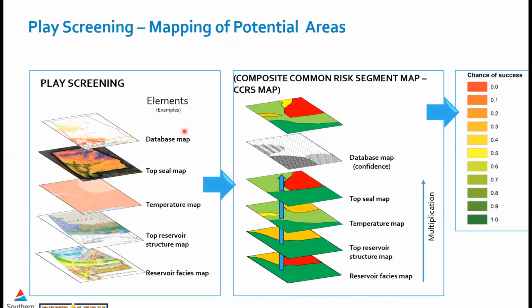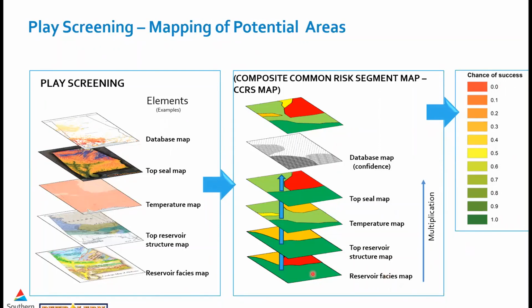Then we do what we call a common risk segment map for each of these elements. That means that the reservoir facies maps get some colors on, and the colors relate to a chance of success table that we have over here, with red being 0 chance of success, and the green one is the probability of 1 or 100% chance of success.